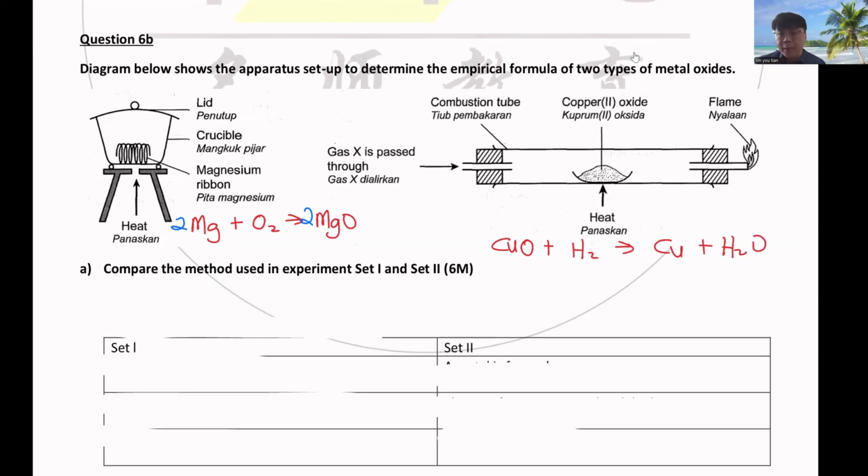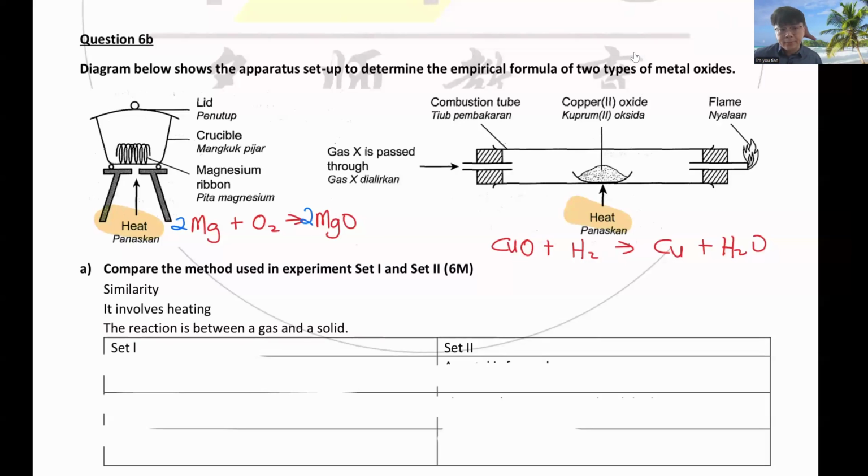Okay, so now they want you to compare. For compare, you need to tell me the similarities and differences. So what is a similarity? You can see from the diagram, can you see both have the word heated? Both have the word heated, right? So you can write the similarity will be both involve heating.